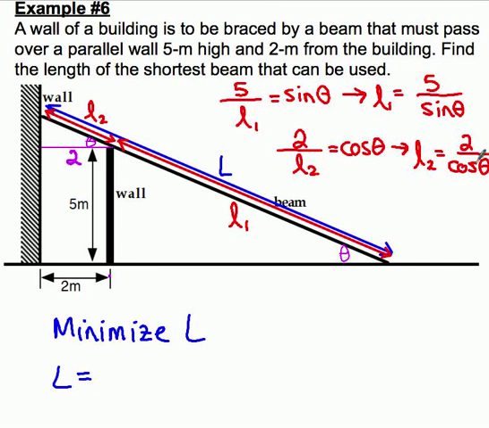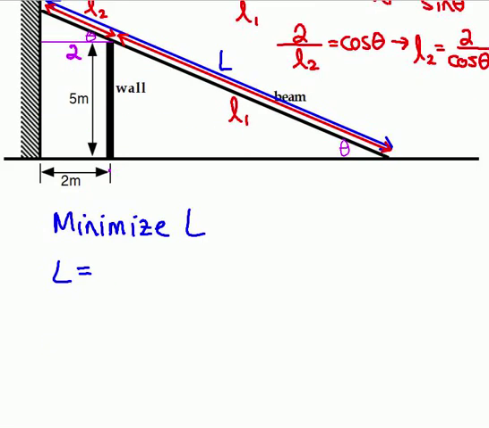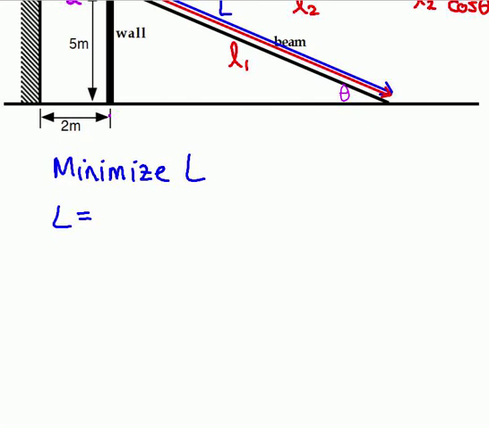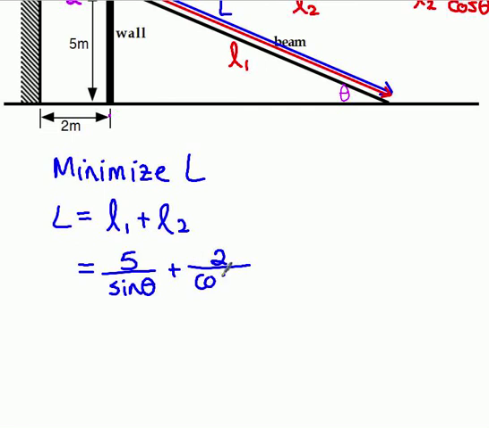So now I have L1 and L2 both written in terms of theta, and that solves the problem I had of getting a formula for L in terms of a single unknown. I had the formula L equals L1 plus L2, and I can now write that as L1, which is 5 over sine theta, plus L2, which is 2 over cosine theta. So now I have a formula for the variable I'm trying to minimize in terms of a single unknown.